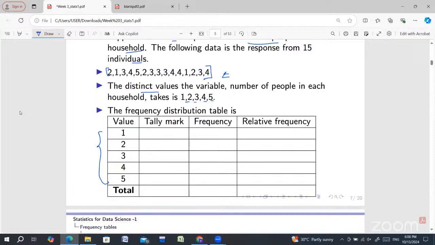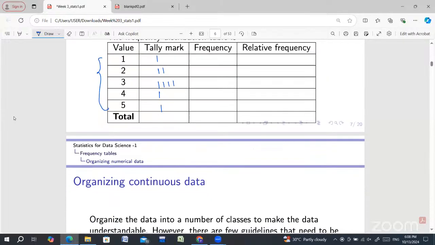Everyone knows how we write tally marks? Yes, ma'am. In this way, you write tally marks for each distinct value.